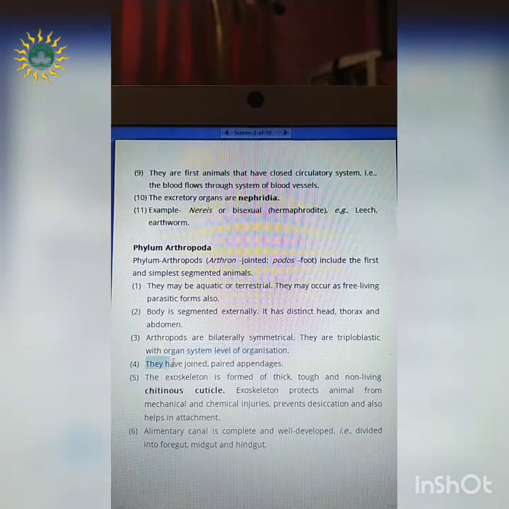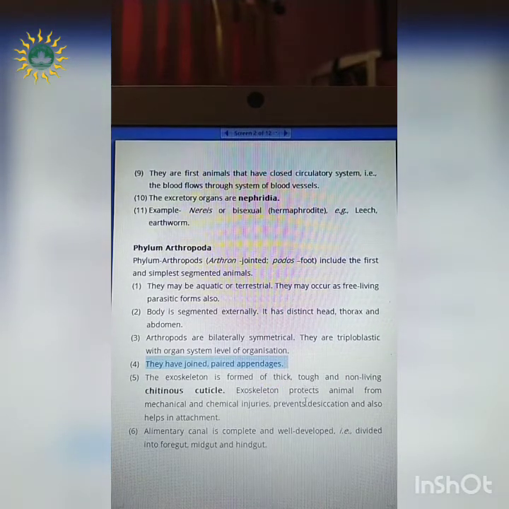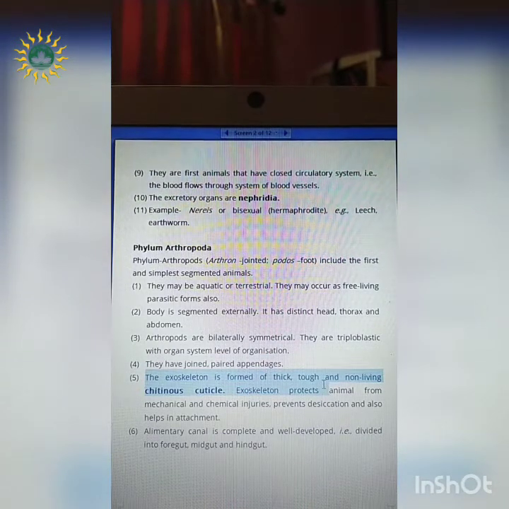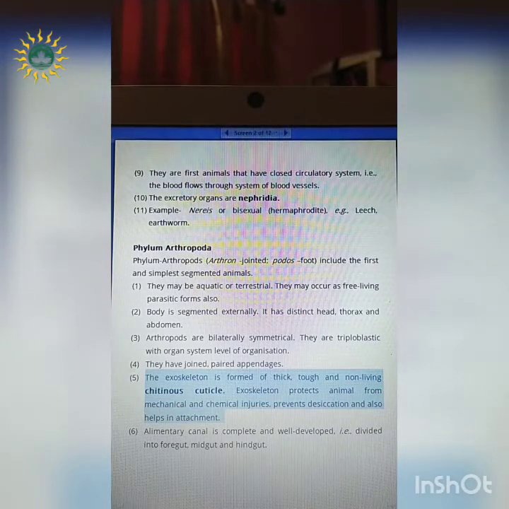These organisms have jointed and paired appendages. Appendages are nothing but the locomotory organs, which are attached to the external part of the body. The exoskeleton is formed of thick, tough and non-living chitinous cuticle, and this exoskeleton protects the animal from mechanical and chemical injuries, prevents desiccation and also helps in attachment.